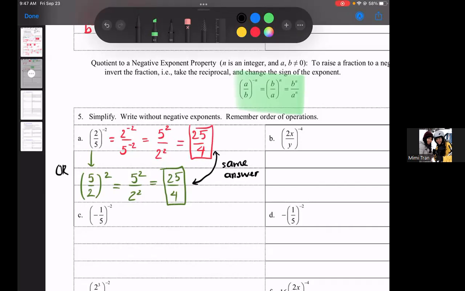Which one do you like better, the red or the green? The red is, you don't have to remember much.